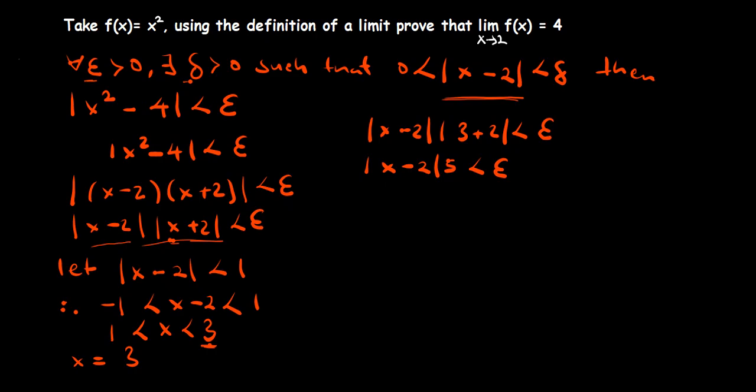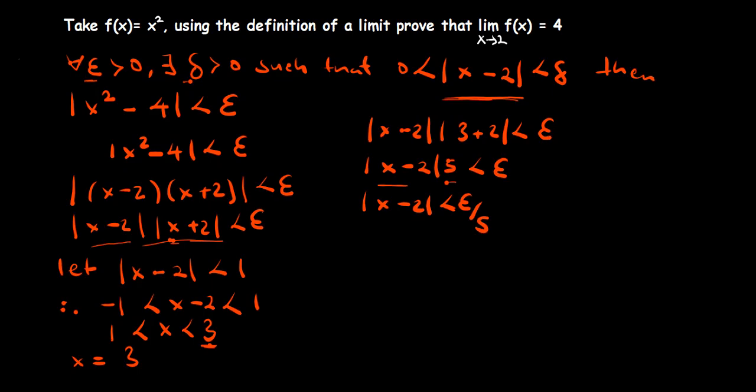Since from the top I have x minus 2 less than delta, I know this side can be related to delta. So I divide by 5 on both sides, and I get modulus of x minus 2 less than epsilon over 5.